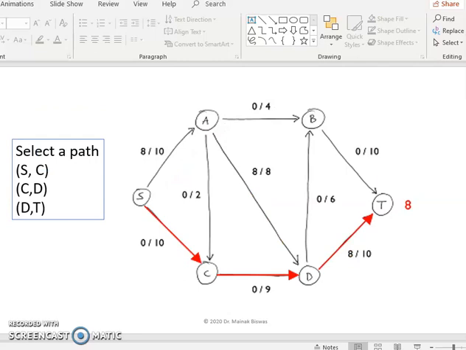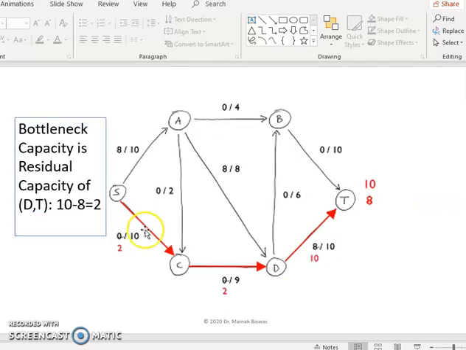Now we select another path, S to C, C to D, and D to T. What is the bottleneck capacity? There is something called residual capacity. Residual capacity means the maximum capacity an edge has minus the flow we have already used.